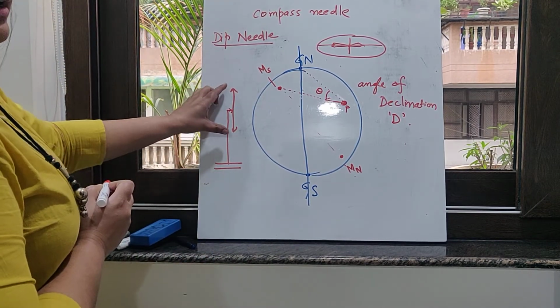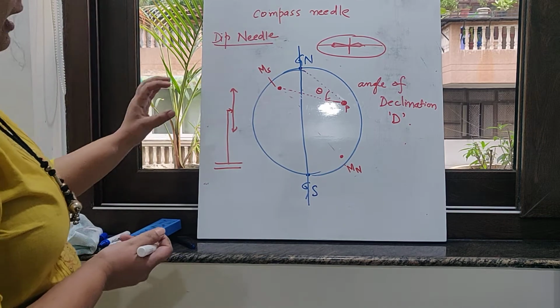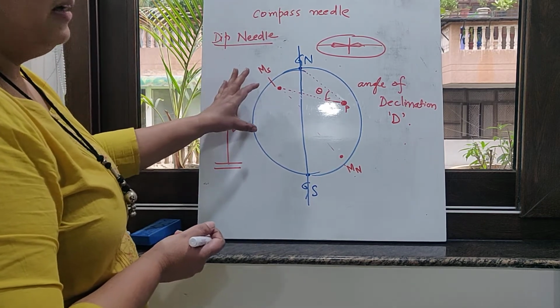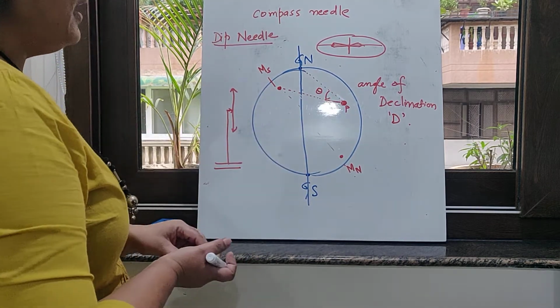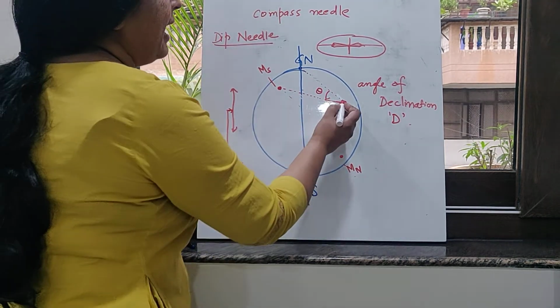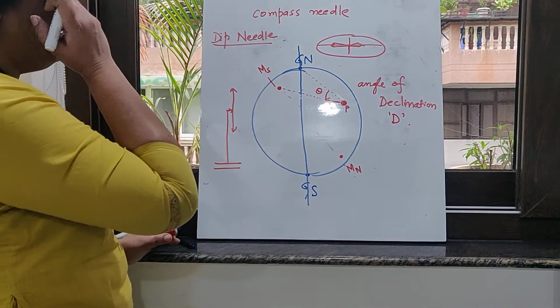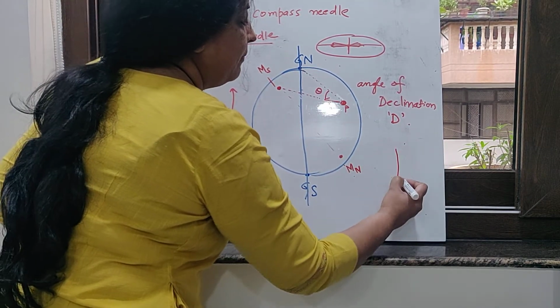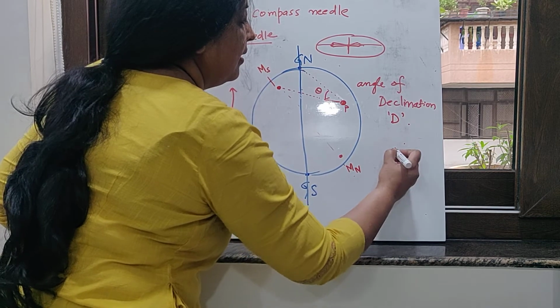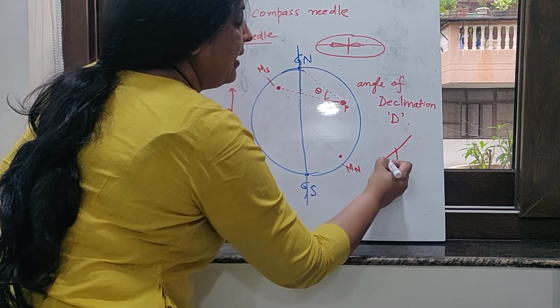So this is a dip needle, and if on the surface of the earth at any particular point we place a dip needle, then what will happen? Let us say at the point P you have kept the dip needle. Then suppose the dip needle is showing an angle like this.